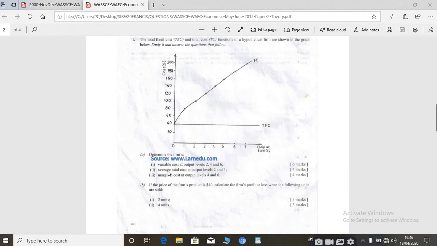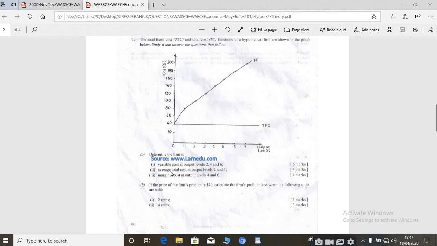So when you say average total cost or average cost, it has to do with the cost per unit produced. If a company produces maybe 2,000 units, what will be the cost per one? When we are referring to the cost per 1 unit of a product produced, then you are dealing with average cost.